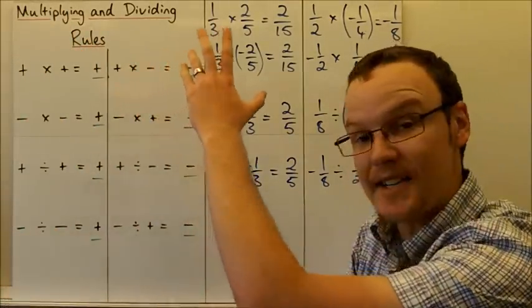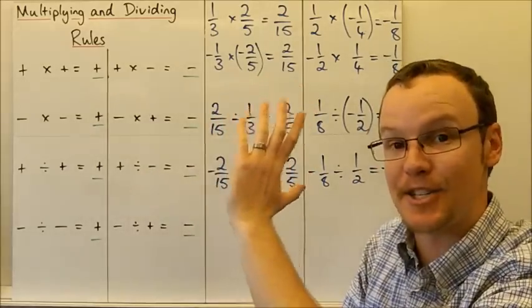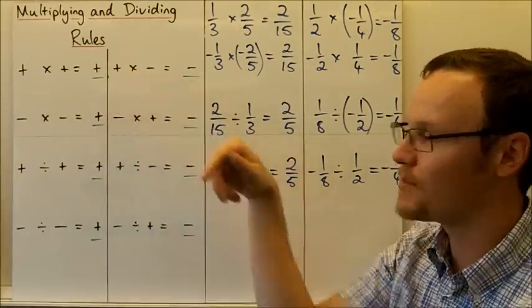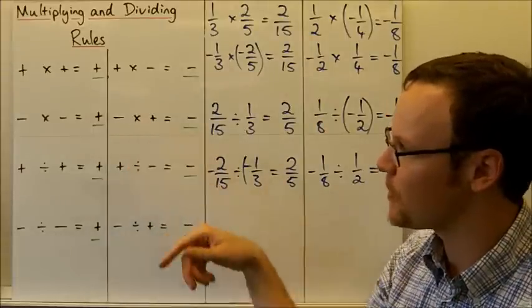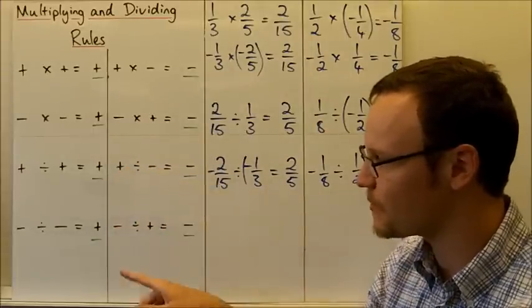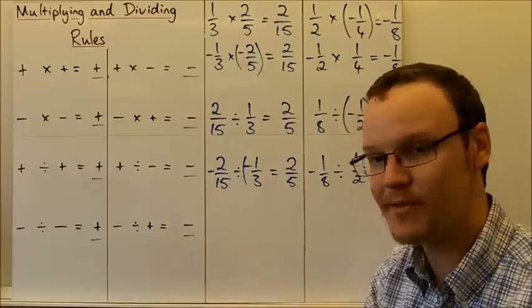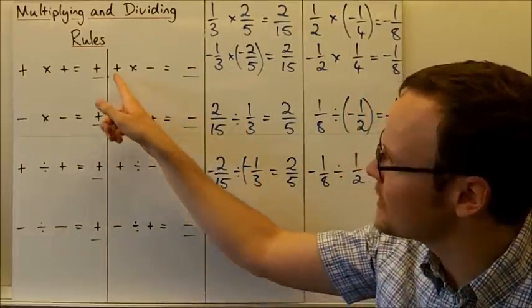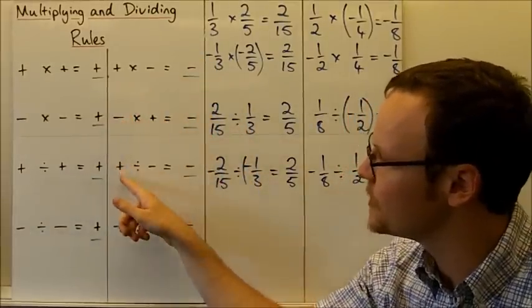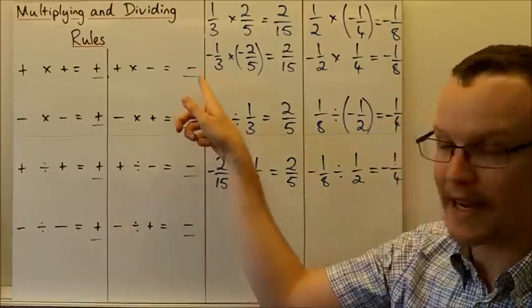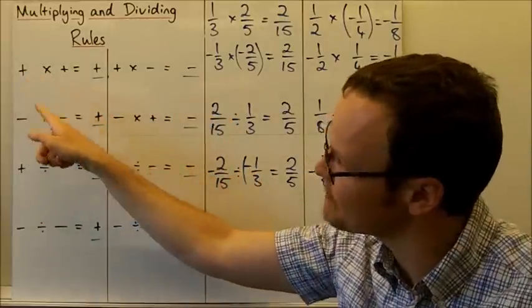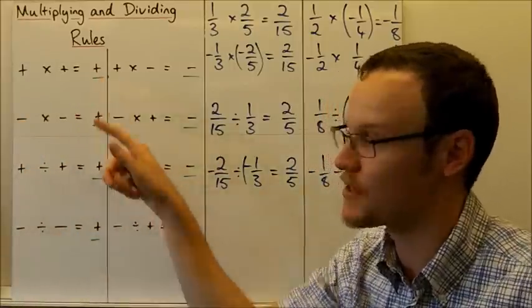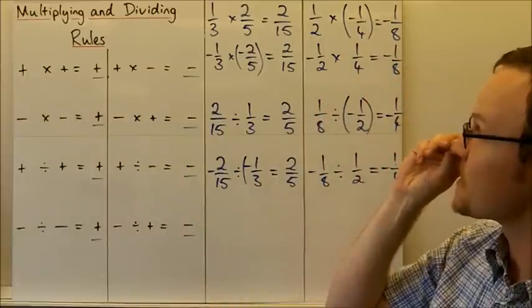If the symbols are different, if the signs are different, so if it's a positive times a negative, a positive divided by a negative, or a negative divided by a positive, then the answer will be negative. You can see here, they're different, and they're all negative. These are the same, and they're all positive. So let's have a look at some examples here.